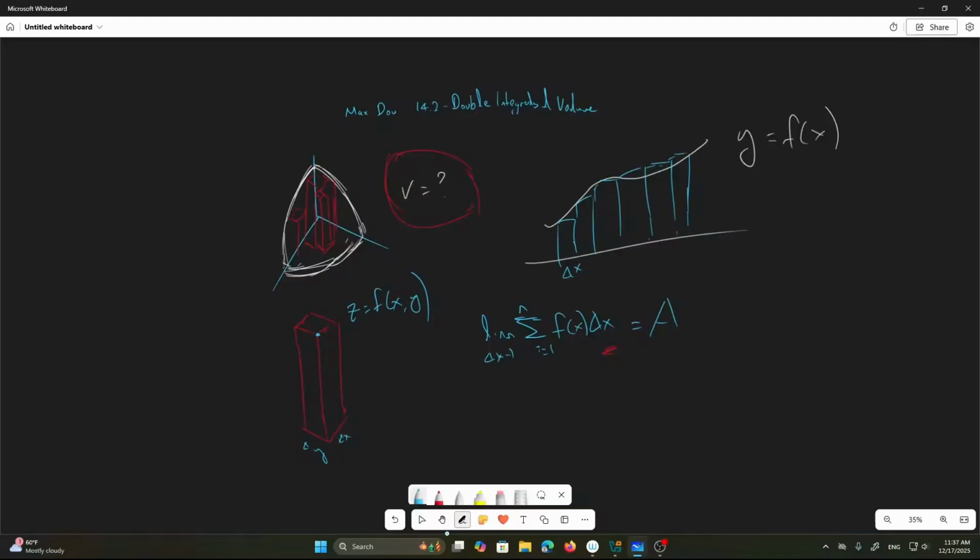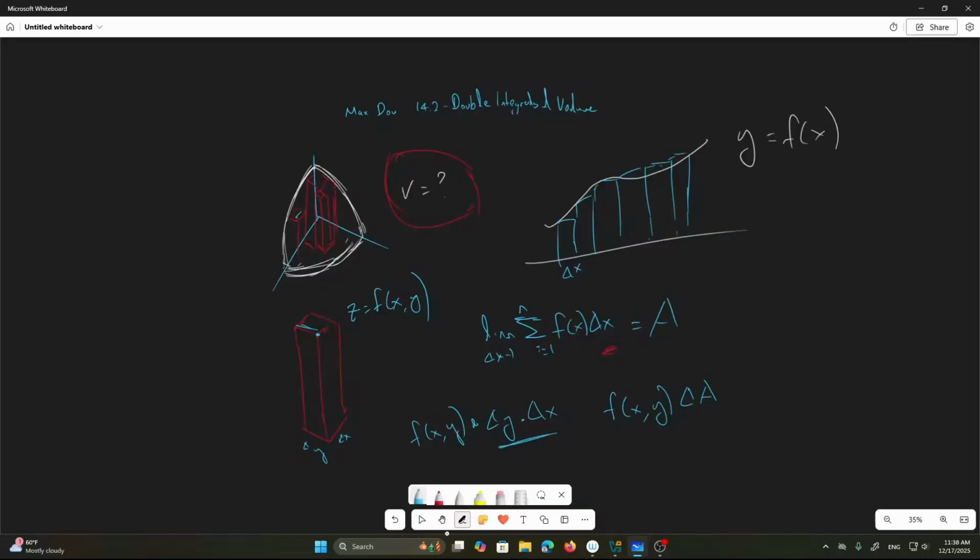So we can find the volume of this rectangular prism by simply taking the base times height: delta y times delta x times f of x, y. And we'll see here that we can rewrite this delta y delta x as f of x, y, delta A.